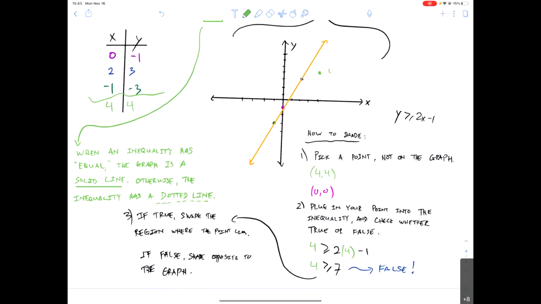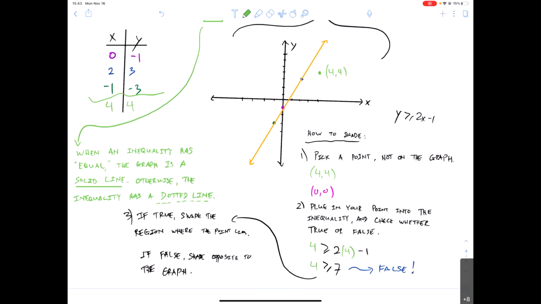So here's the visual for it. There's 4, 4. And we ask ourselves, does 4, 4 lie on the graph? And the answer is no. That's why we picked it. Then we plug in our 4, 4 point and check to see if it was true in the inequality. And it's false. So what does step 3 say? It says if it's true, you shade the region where the point lies.